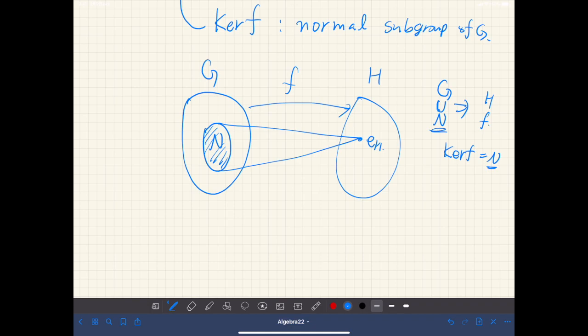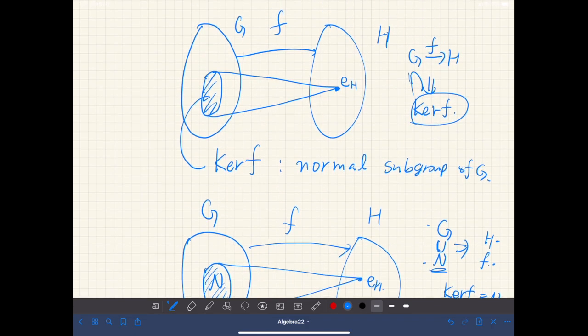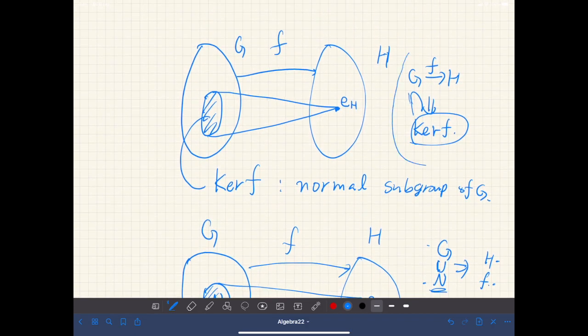Okay, so what are given are G and N, and what's derived are H and F. So that is kind of opposite from the previous scenario, where the given were G, H, and a homomorphism, and derived was the kernel of F, which was a normal subgroup of G.